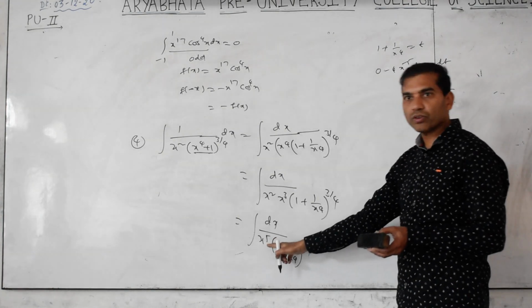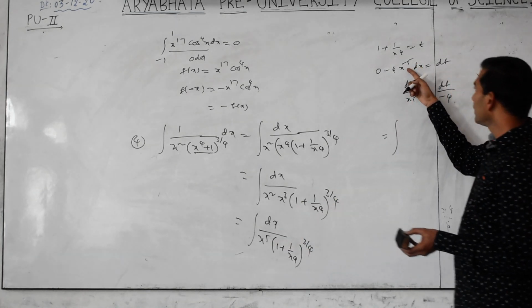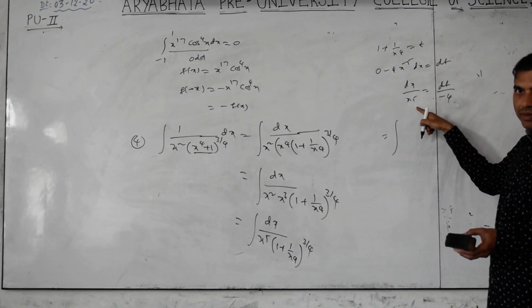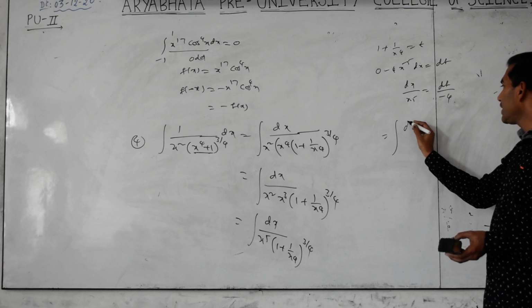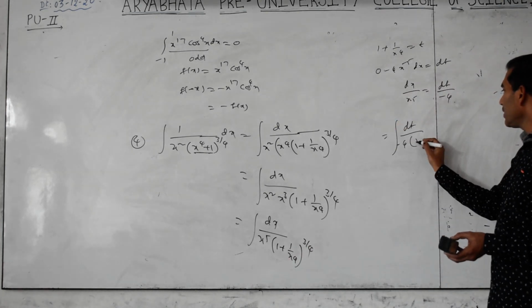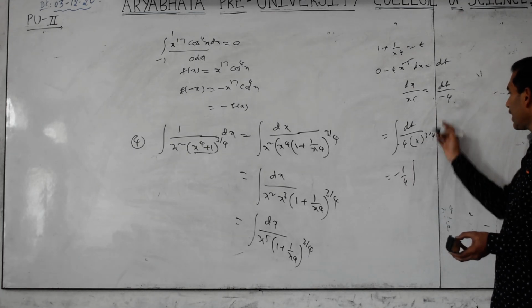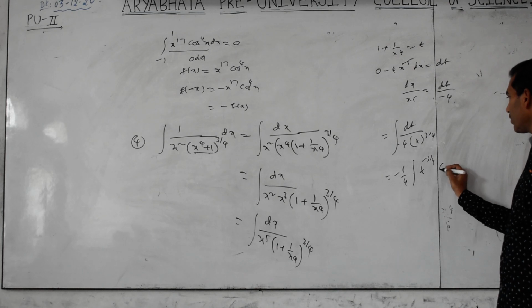Substitute here: 1 by x power 5 dx equals dt by minus 4, which is equal to t power 3 by 4. Minus 1 by 4, take out, integration of t power minus 3 by 4 dt.